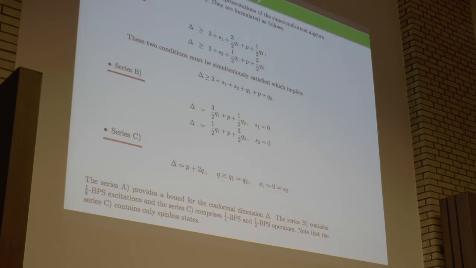Information on the protected sector, on the sector which is protected under quantum corrections, is by no means enough to reconstruct the form of the dilatation operator at higher loops. People tried, but it's not enough information. You understand what I'm trying to say? No. Okay, maybe it will become more clear.